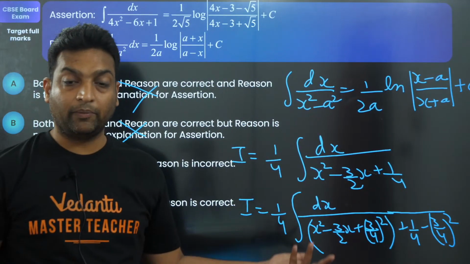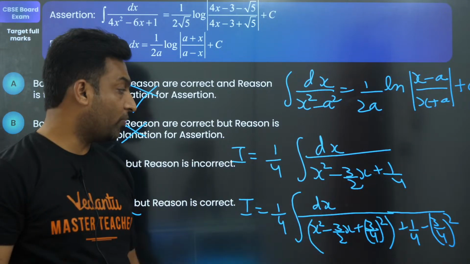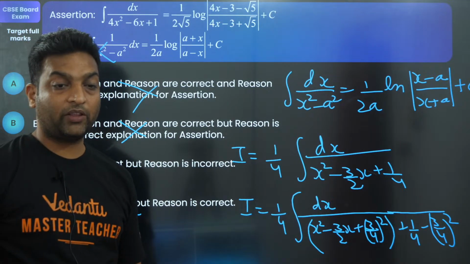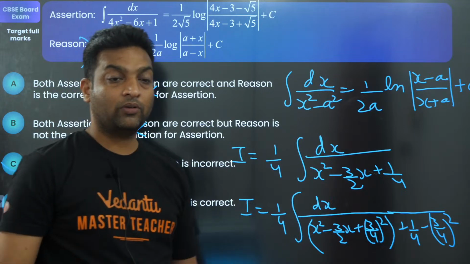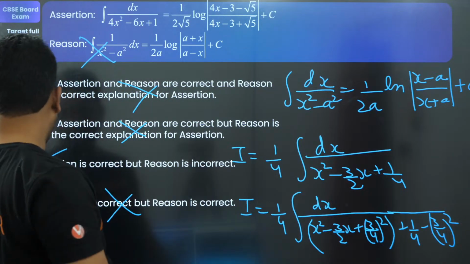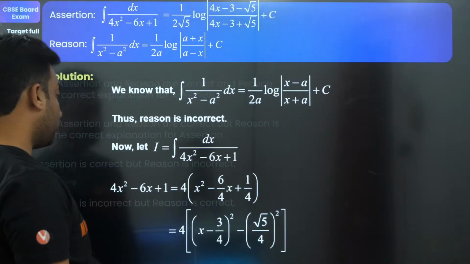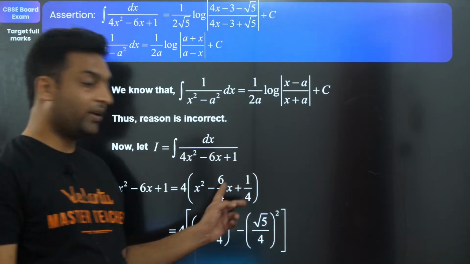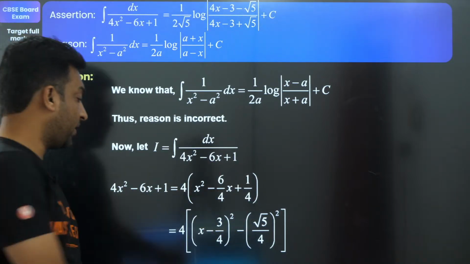The rest is just simple. Apply the formula after. Okay, so easy. Let me show you the solution. Again 6 by 4 which is 3 by 2.